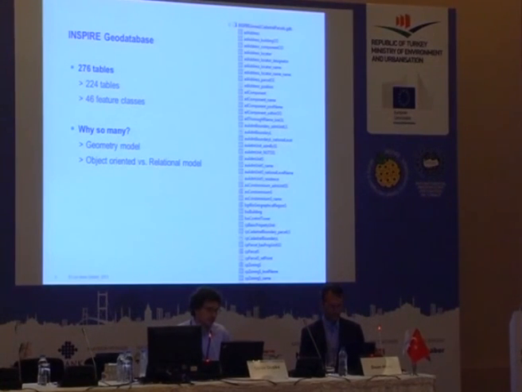The other reason is that it's a relational model, and the UML model is an object-oriented model, so you have to have relational tables whenever you have multiplicities, like multiple names for different features or things like that. But I will show that in the example later. I think then it will become very clear, so it's nothing that's difficult or somehow complex. It's actually sometimes even easier than writing GML or something like that.